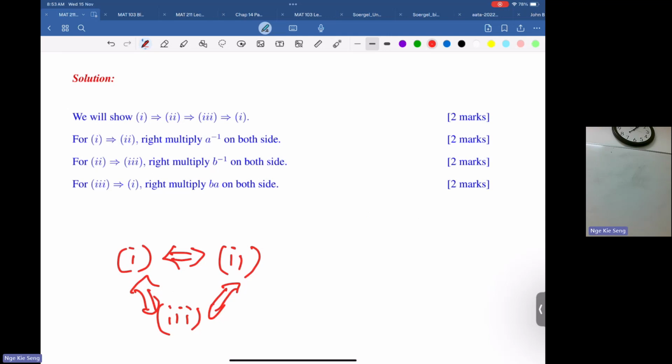For example, I create a path going from 1 to 2, 2 to 3, 3 to 1. So you should ask how I go from 2 to 1 in this case. If I have this blue arrow here, how do I go from 2 to 1? 2 to 3, 3 to 1.